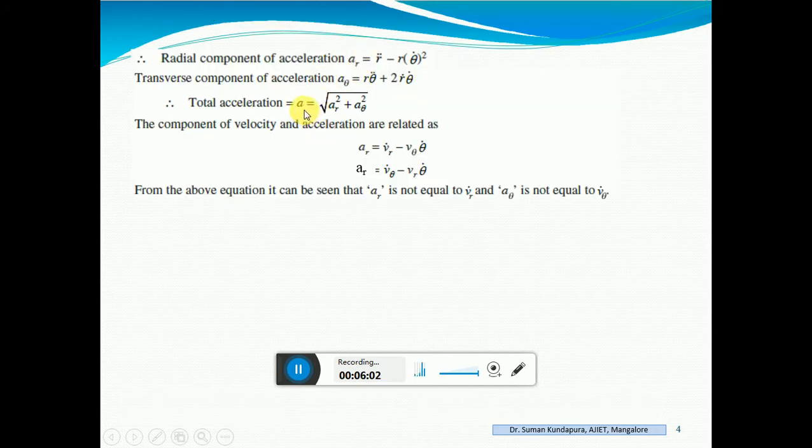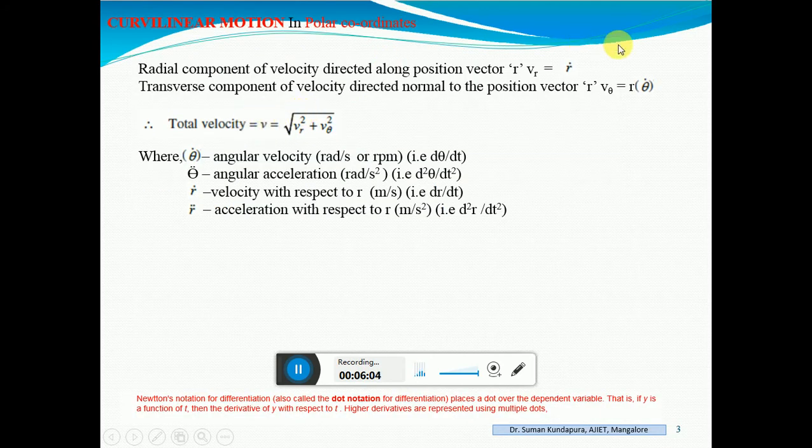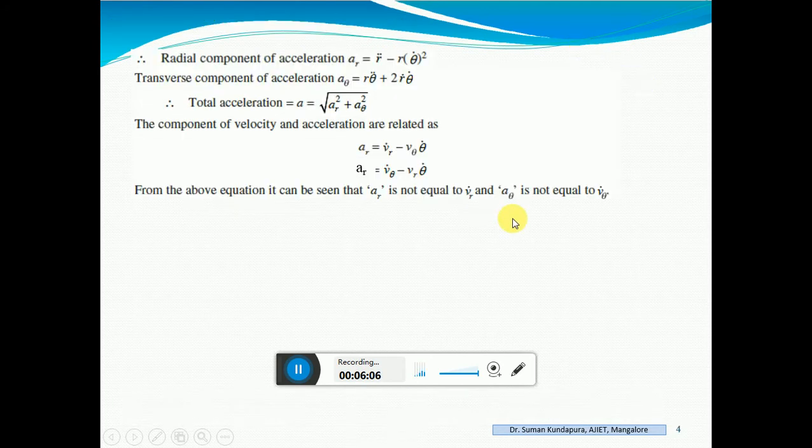Now, the relation between the velocity components and the acceleration components is also there, so you need to remember this. The radial acceleration ar is equal to Vr dot, the first derivative of radial velocity, minus V theta into theta dot.